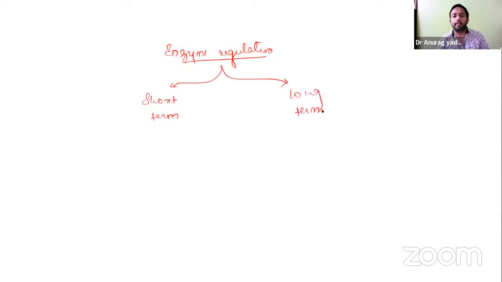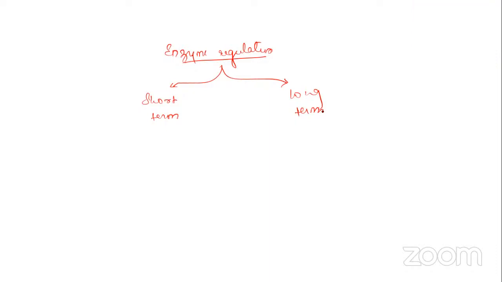Short-term regulations are very effective and very fast. You want to stop the enzyme, you just switch it off. You want to start the enzyme, you just switch it on. The enzyme is already present. There is no change in concentration of the enzyme, most commonly, or no new synthesis of the enzymes. The enzymes are already synthesized and they are present either in stored or functional form.